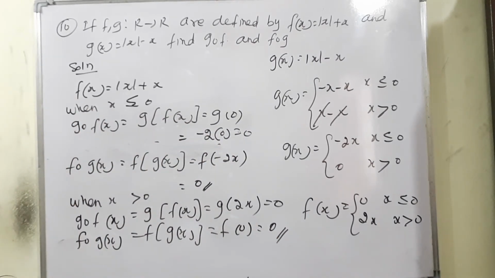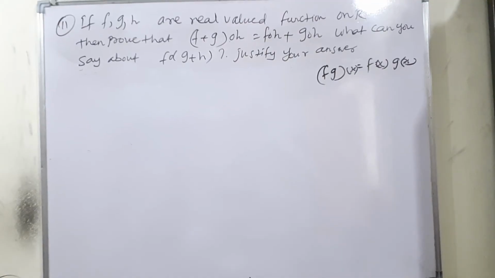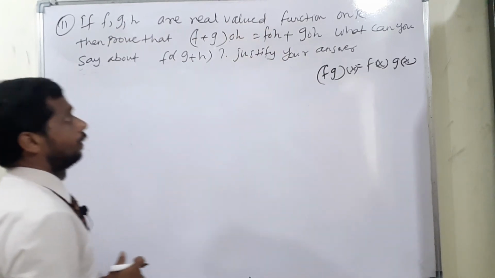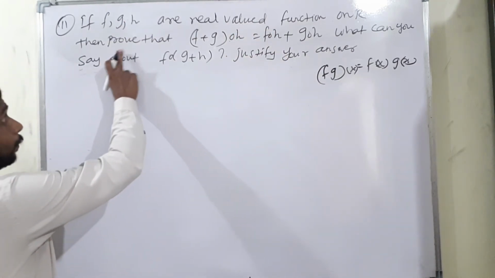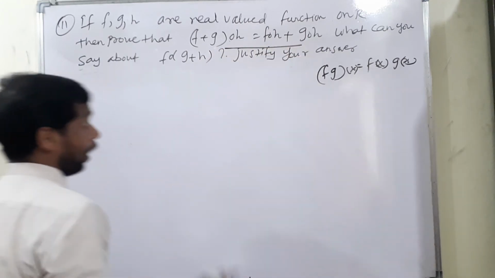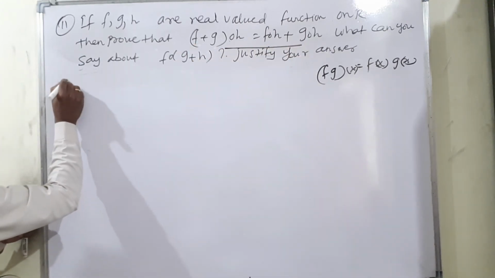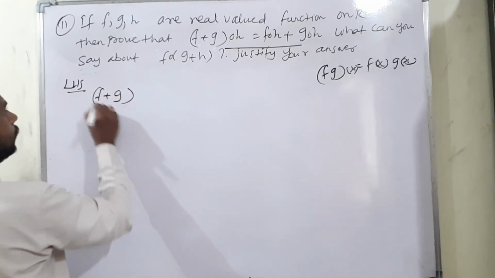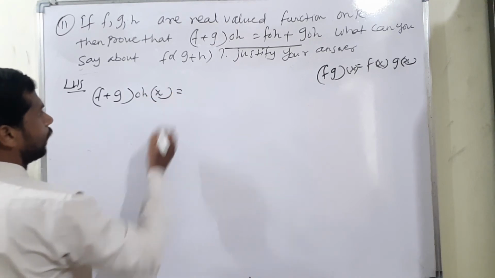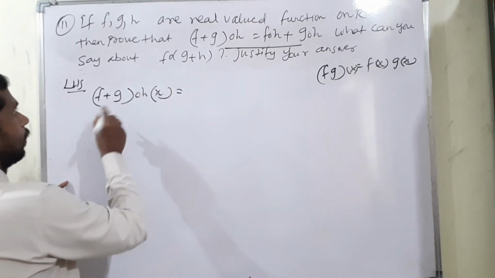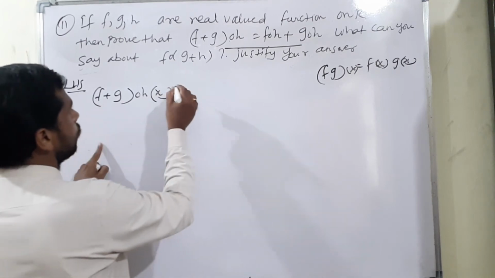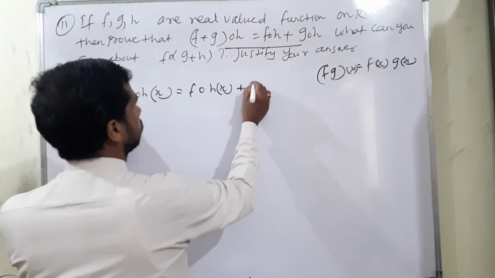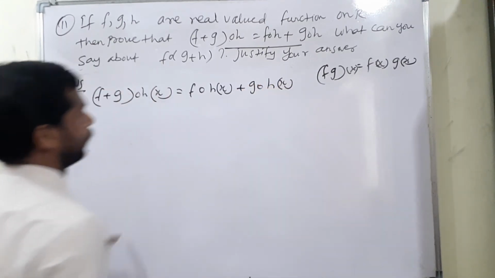Question number 11. If f, g, h are real valid functions on R, then prove that (f plus g) dot h equals f dot h plus g dot h. This is what we have to prove. I have taken the LHS. So for the LHS, the value of f plus g dot h of x means f dot h of x plus g dot h of x, isn't it?